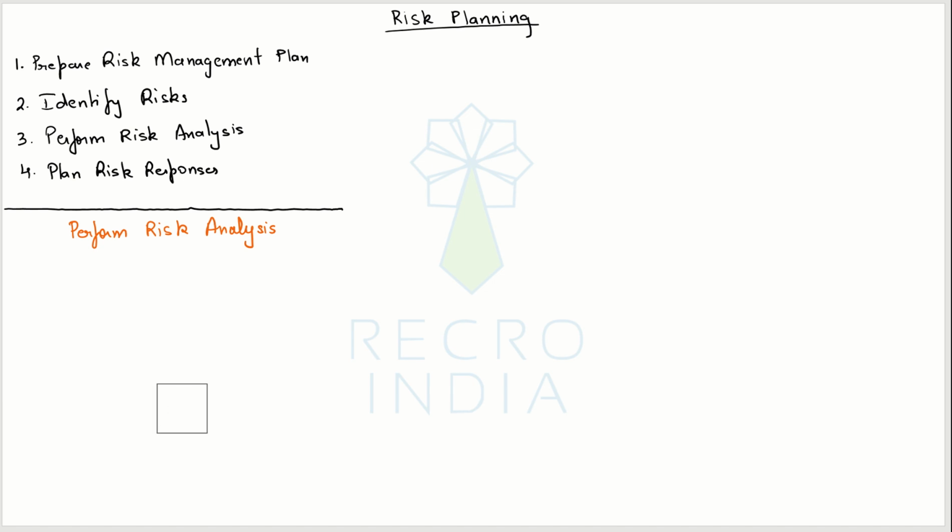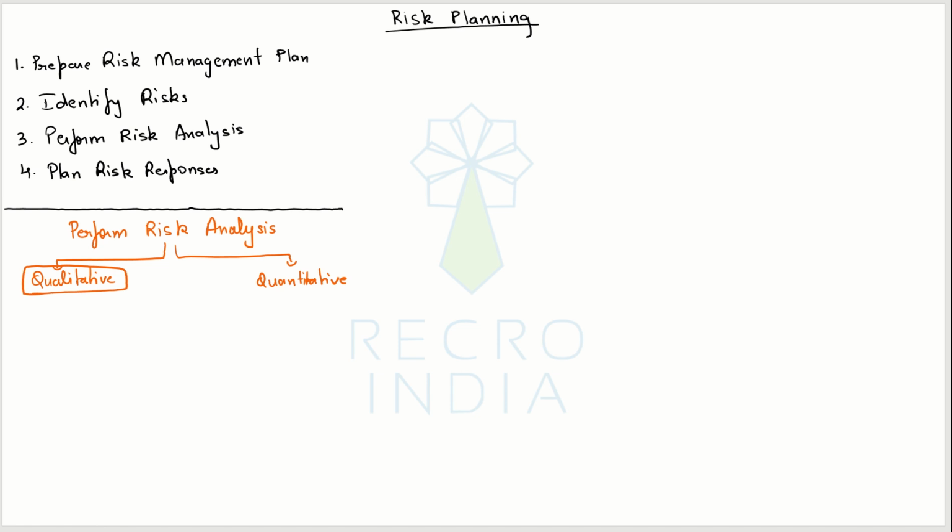So principally speaking, there are two types of analysis that we can conduct: qualitative and quantitative. Quantitative risk analysis is something that we will probably discuss in our next video. Today, our area of focus will be qualitative risk analysis.